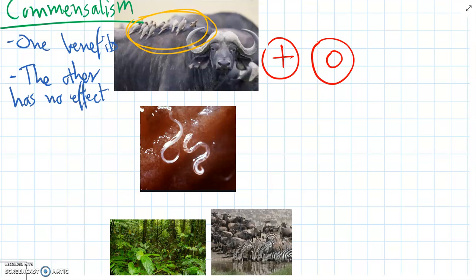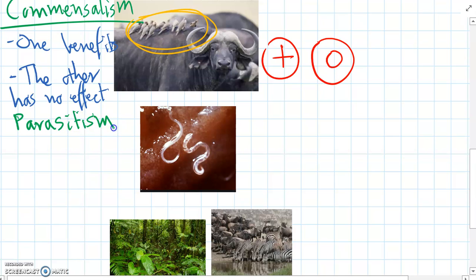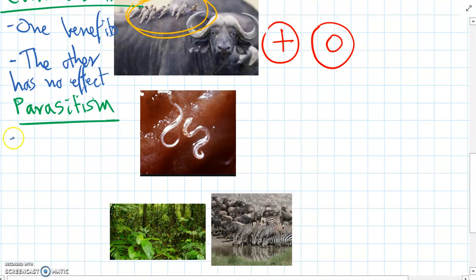The next symbiosis is called parasitism. So when a parasite lives on its host. Parasite lives in its host or on its host.